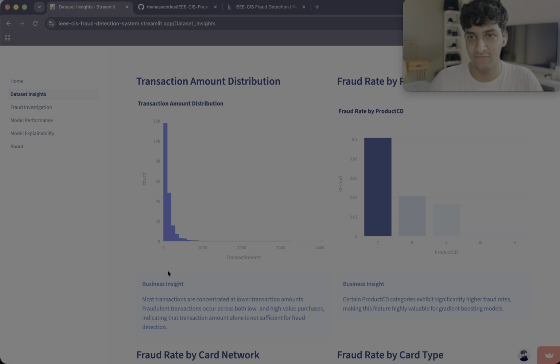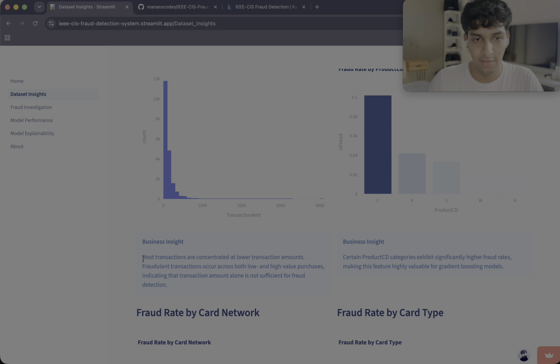What insight we have gotten from this, I have mentioned exactly below it. Most transactions are concentrated at lower transaction amounts, and fraudulent transactions occur across both high and low value purchases, indicating that this feature alone is not responsible for predicting the final outcome.